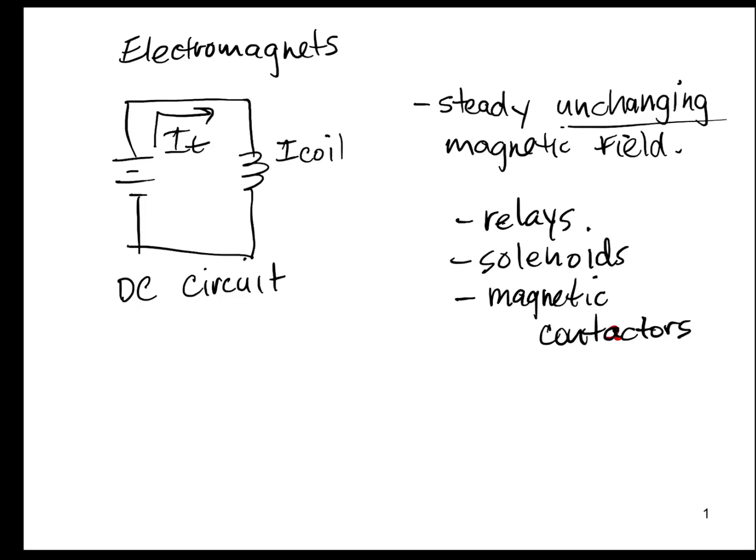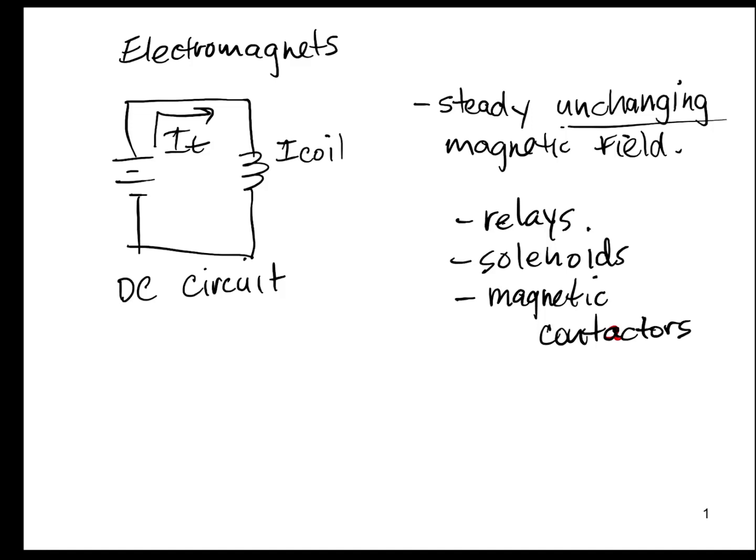That means that when there's current, there's a magnetic field created. When there's no current, there's no magnetic field, and therefore turning the magnetic field on or off can be used to change the state of a set of contacts, as in a relay or a magnetic contactor, or move a plunger to change the state of, say, a valve or some other device, or door locks on a vehicle.